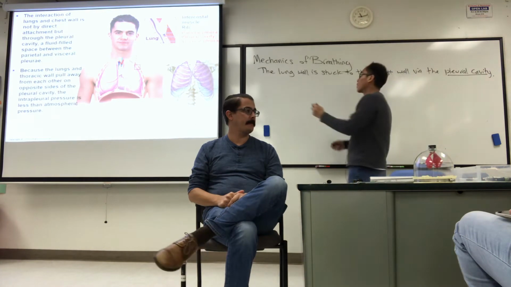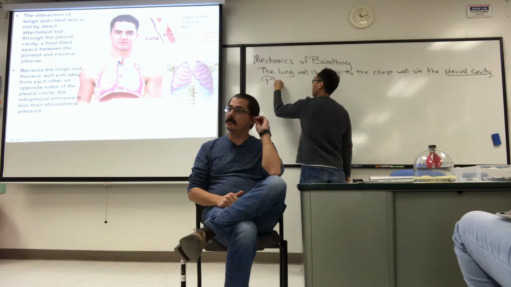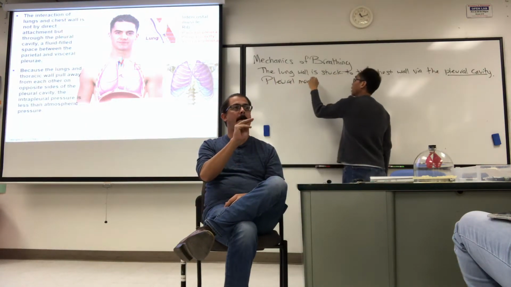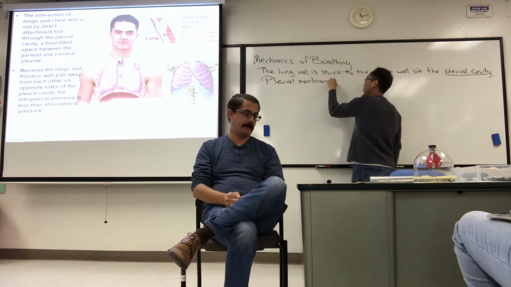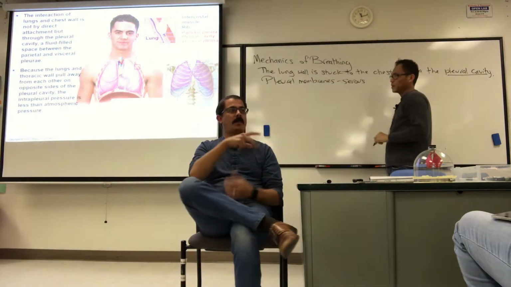And the visceral pleura attached to the lung will be the inside of the water balloon. So the pleural membranes, parietal and visceral, they're both serous in nature. That's why the pleural cavity is fluid-filled.